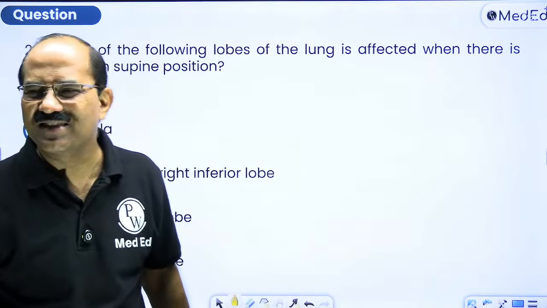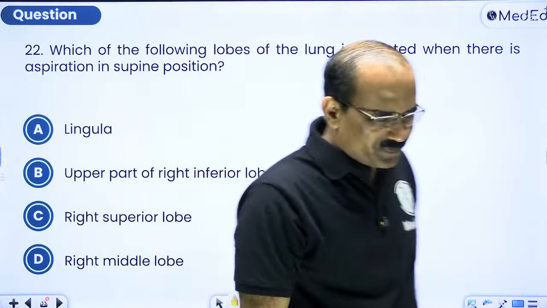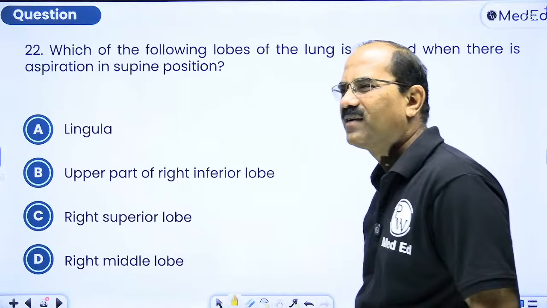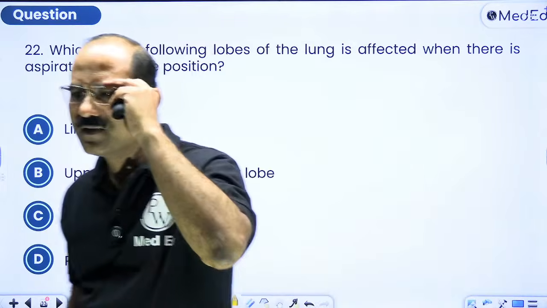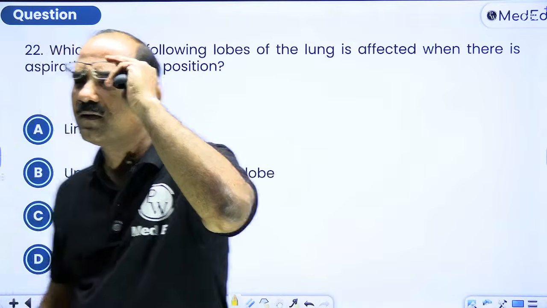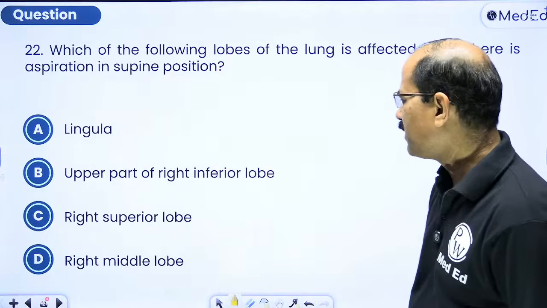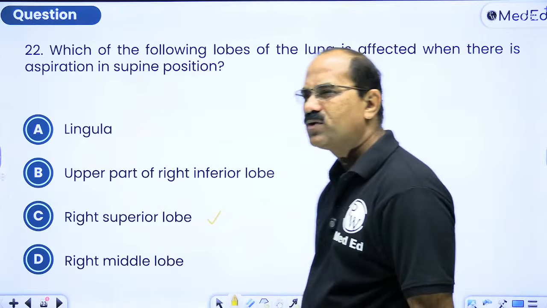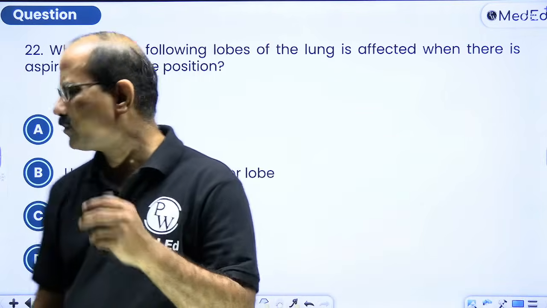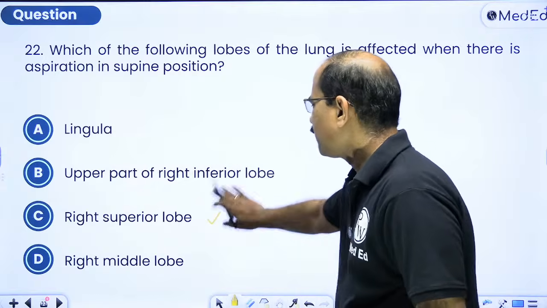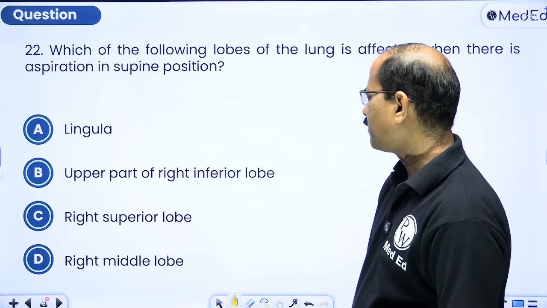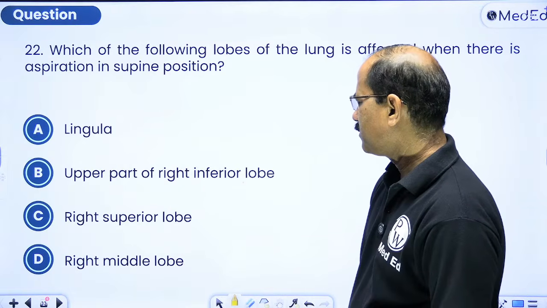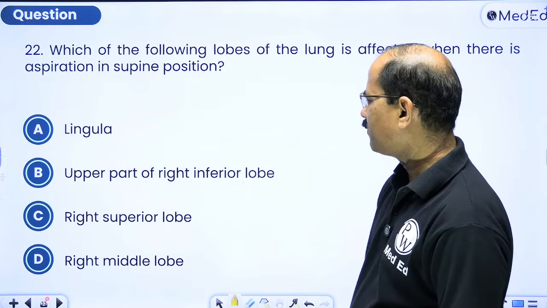Anyone? Any guesses? What answer did you write? Right superior lobe. The right superior lobe is apical. B, upper part of right inferior lobe, is also fine.